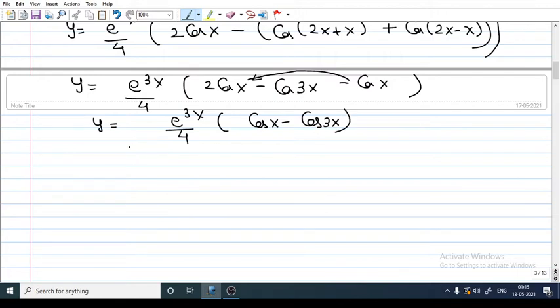After this we multiply e power 3x inside. So we are getting 1 by 4 as it is, and e power 3x cos x minus e power 3x into cos 3x, right? Now let's apply the nth derivative formula.